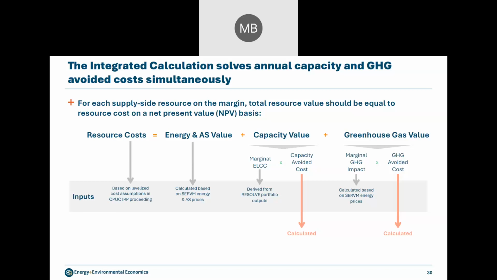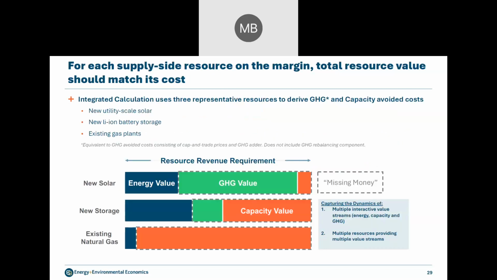My question is about the fact that the integrated calculation is only looking at two resources, solar and storage. My understanding of the intent of this methodology, and I think it's summarized in your point number 2 down here, multiple resources provide multiple value streams.